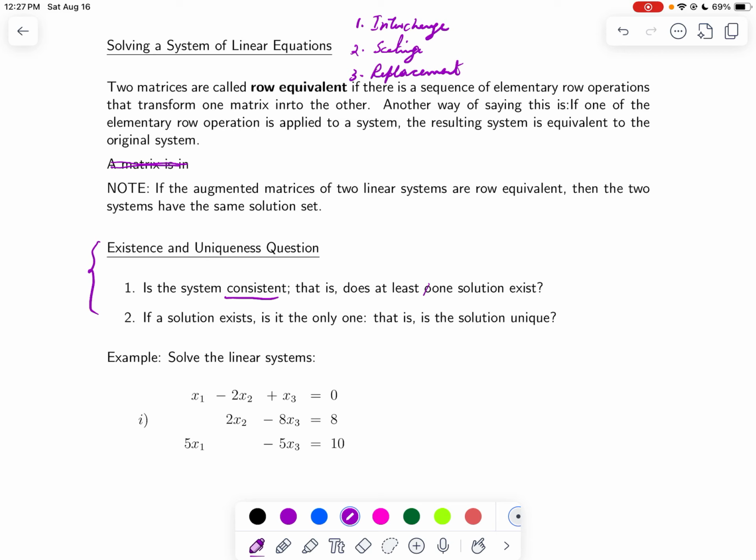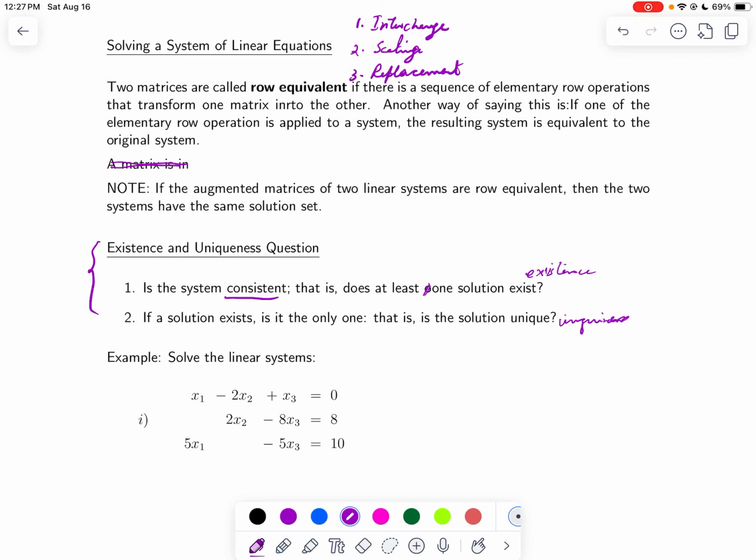And if there is a solution, the second question: the first is about existence. Does the solution exist? And then uniqueness. If the solution exists, is it the only one?